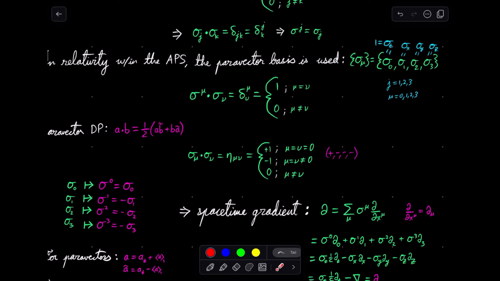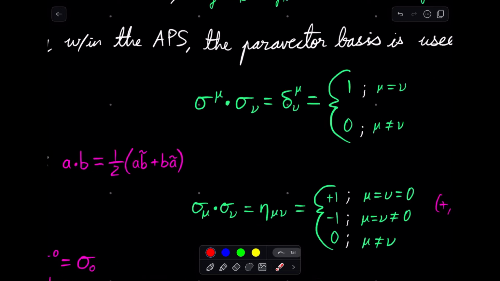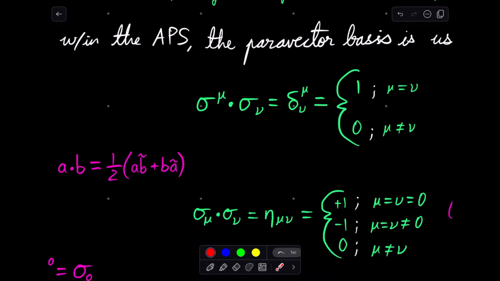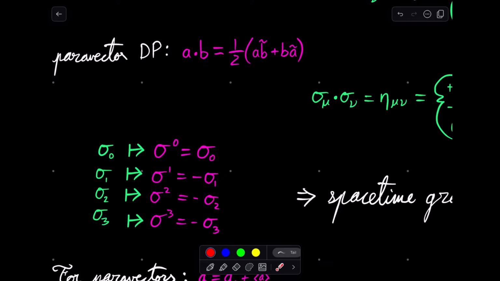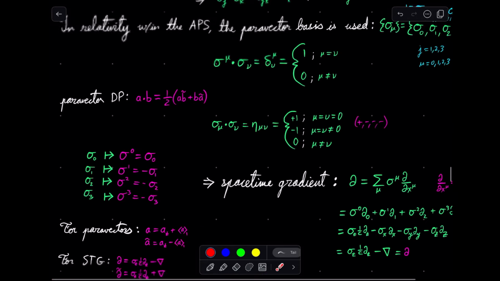But what exactly is this reciprocal basis? Well, we can actually write it in terms of the standard basis, because they differ by a sign right here. We can see that sigma naught superscript and sigma naught subscript are the same thing.